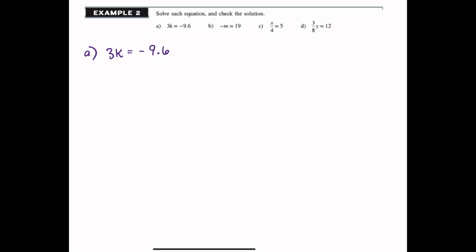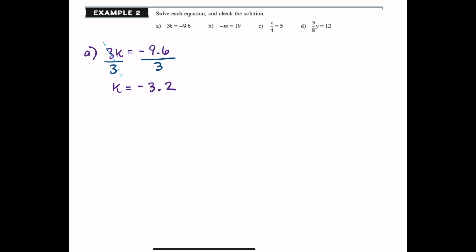So since it's being multiplied, I'm going to divide both sides by 3. This will cancel the 3 on the left side. We'll end up with k, and then negative 9.6 divided by 3. Can plug that into a calculator. You should get negative 3.2.